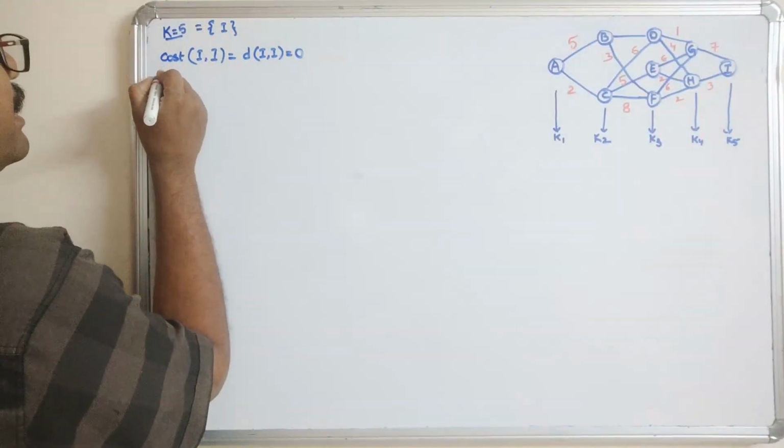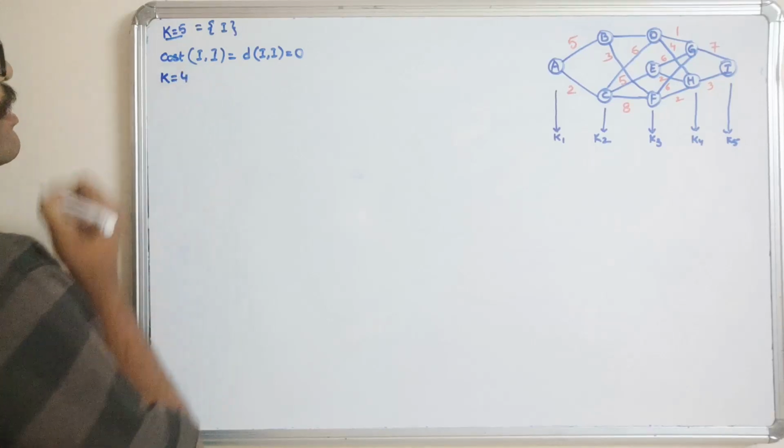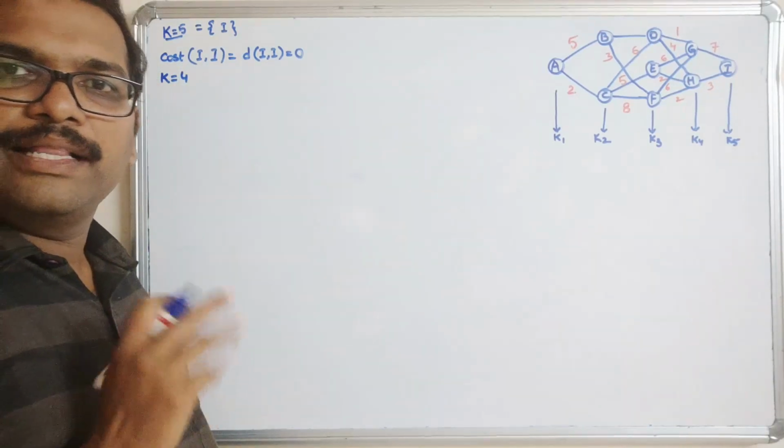No. Now we have to find the cost of the vertices in stage 4.